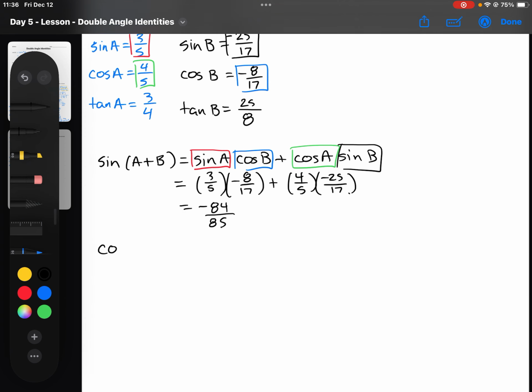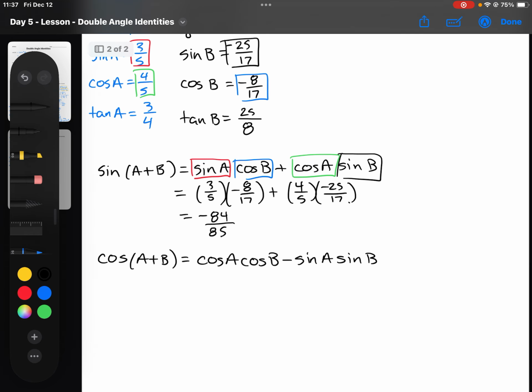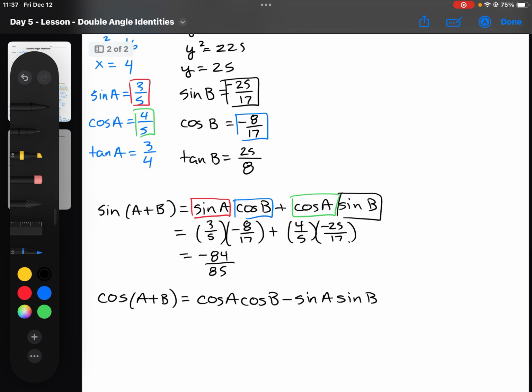I'm then going to repeat the same process for cos A plus B using my addition identity, which is cos A cos B minus sine A sine B. And I'm going to replace those values with the values of the primary trig ratios that I calculated before.